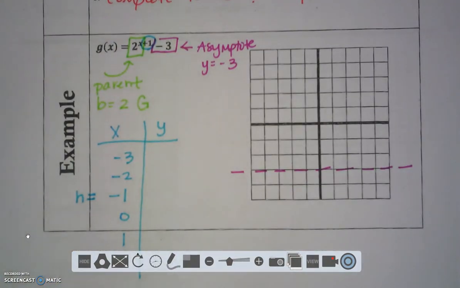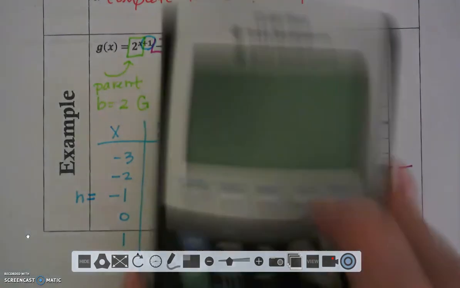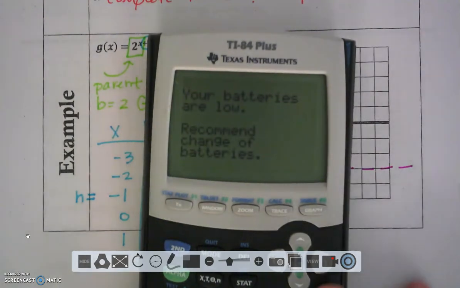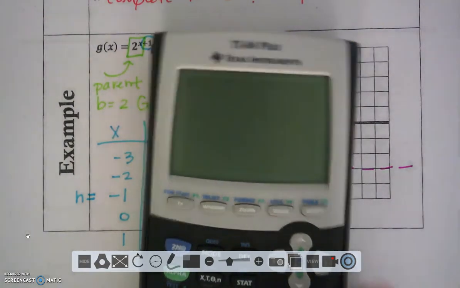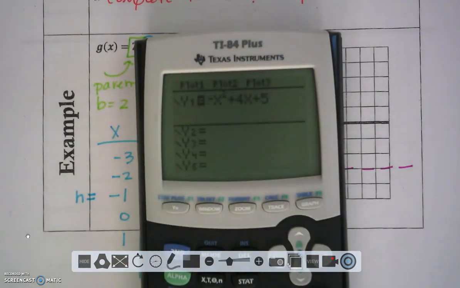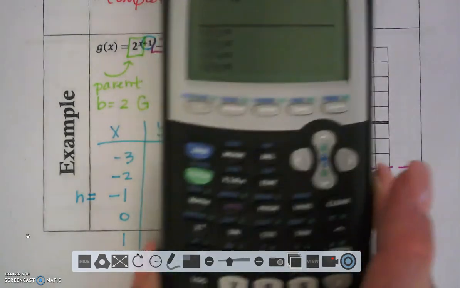Just like in quadratics, we got to make a table in our calculator. So if you have a graphing calculator, go ahead and take that out. My batteries are low. We have to go to y equals just like we did before. I'm going to clear out what I have written.